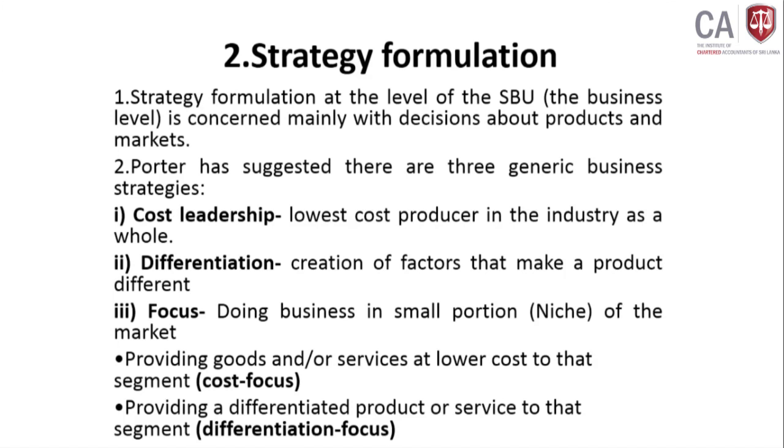What is the advantage of producing the good at the lowest cost? That will allow you to offer the good at the lowest price to the marketplace. That is the advantage. There is a customer group who are always willing to buy the product at the lowest price.